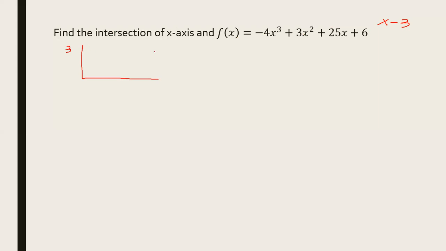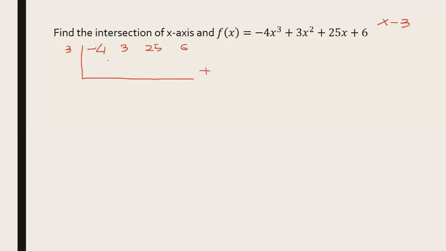The coefficient of x cubed is -4, the coefficient of x squared is 3, the coefficient of x is 25, and the constant number is 6.